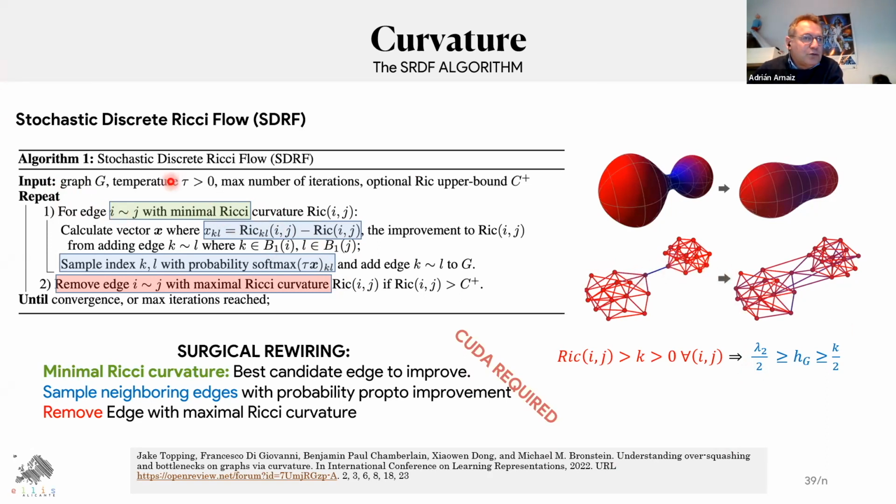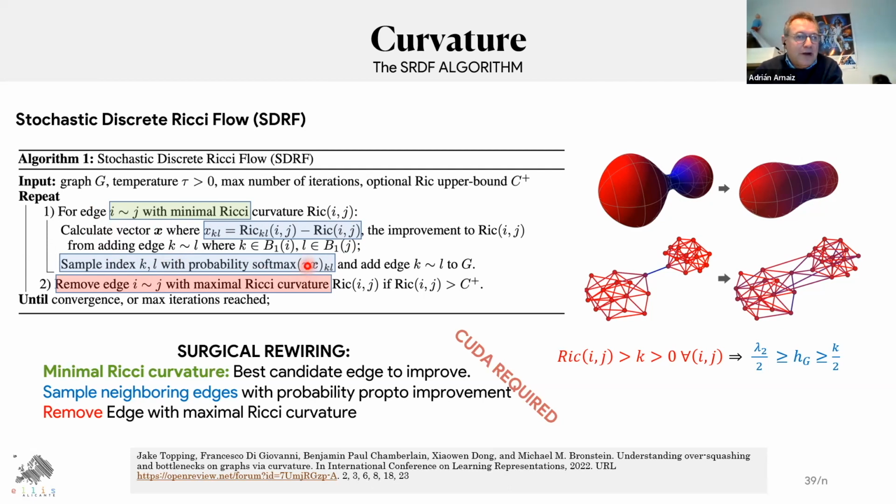And for every other edge, we compute a vector quantifying how the Ricci curvature is improved, in terms of being positive, and then we sample indexes k and l for neighboring edges with probability proportional to this tau parameter, which is a parameter of the model.